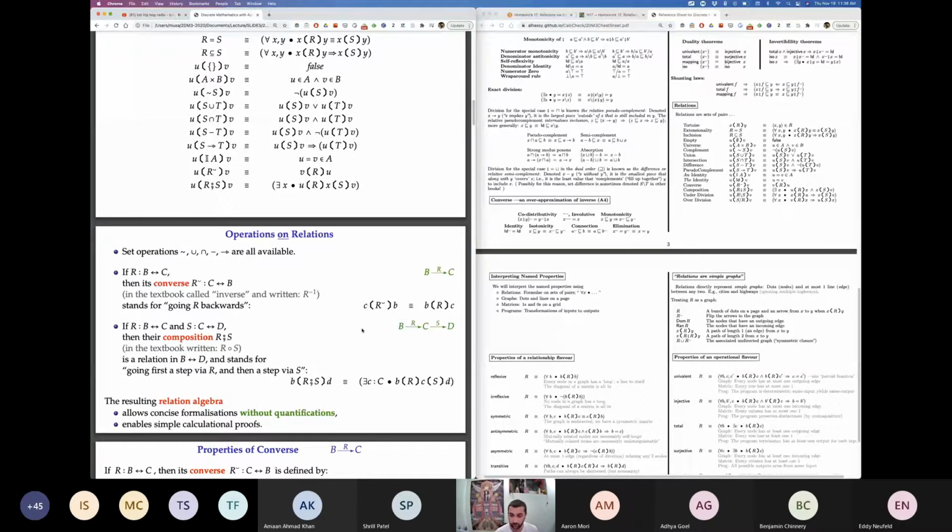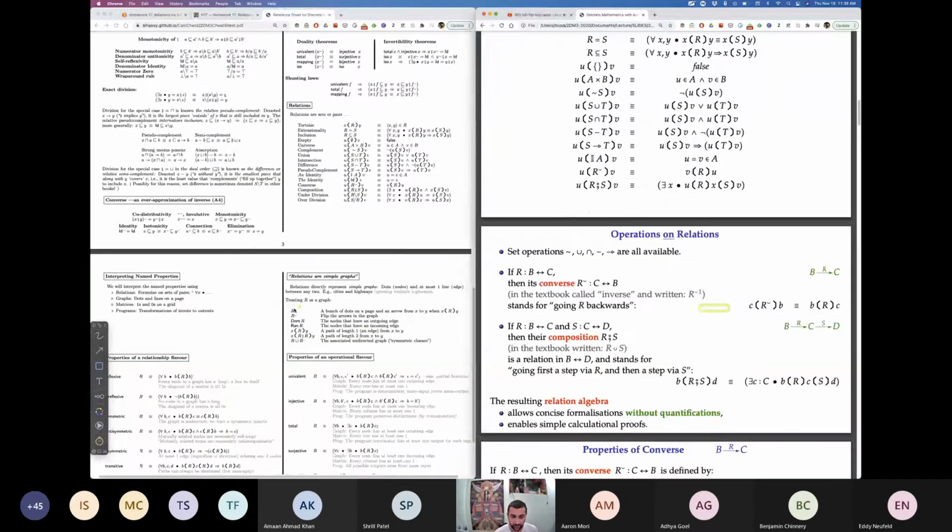If you think of a relation as a graph, then the converse of a relation is when you flip all the arrows in the graph. So if I have a graph, let me draw.